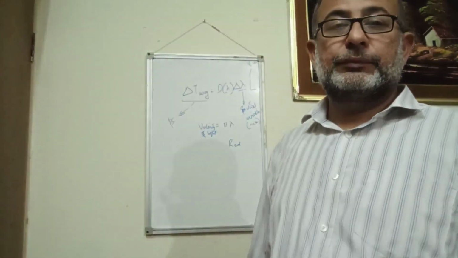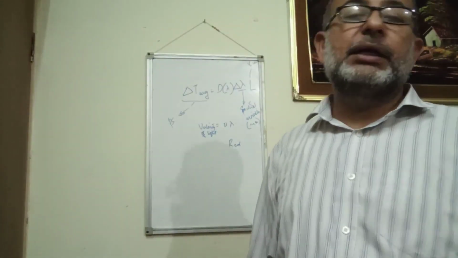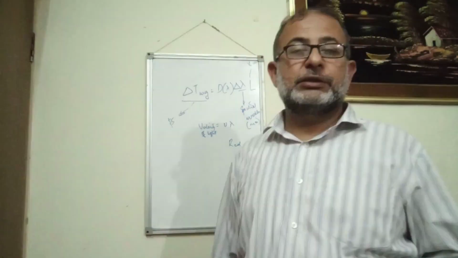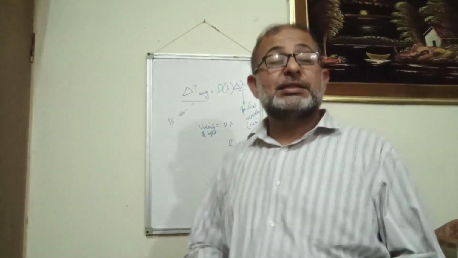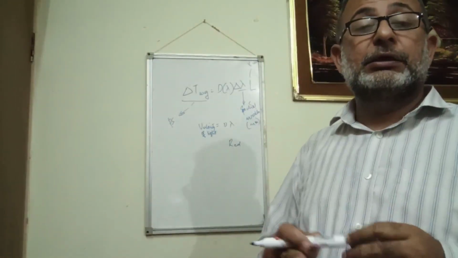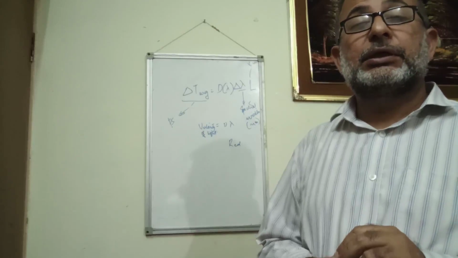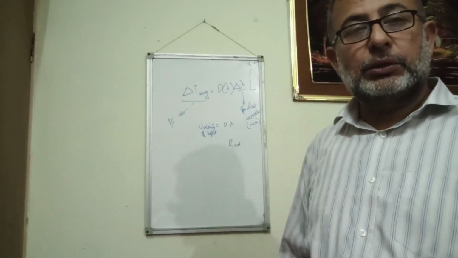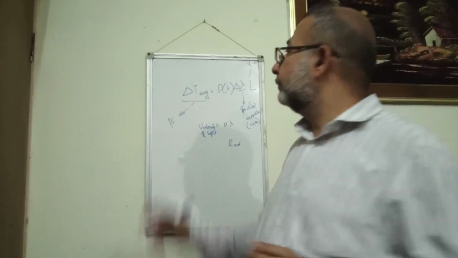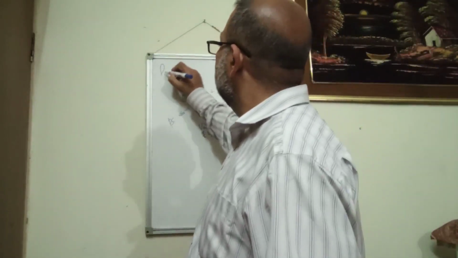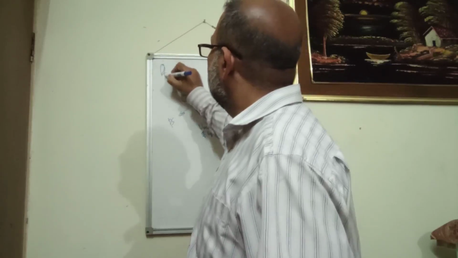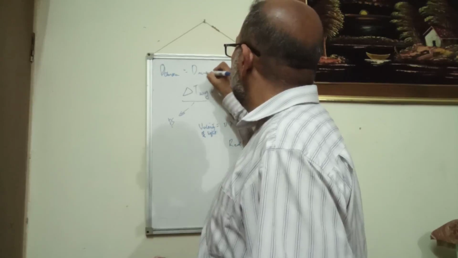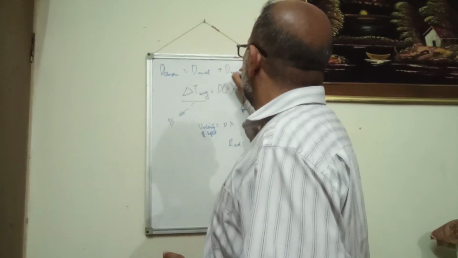waveguide dispersion. Now, what is the combined effect of waveguide dispersion and material dispersion? Actually, we can simply add the waveguide dispersion parameter and material dispersion parameter to get the chromatic dispersion parameter. That is, D chromatic is equal to D material plus D waveguide.